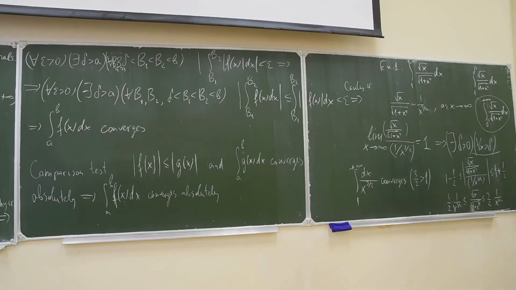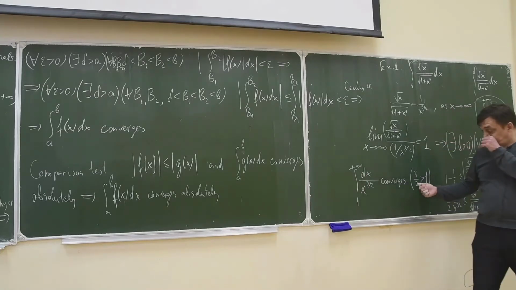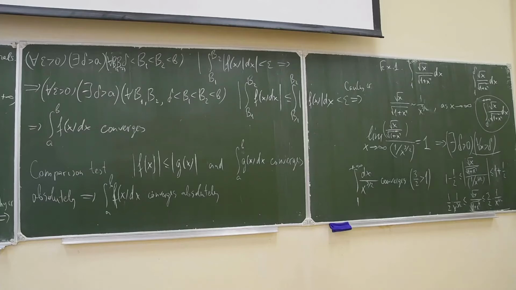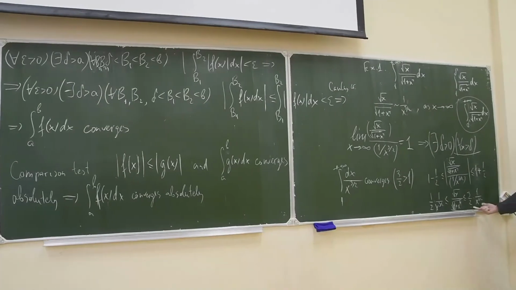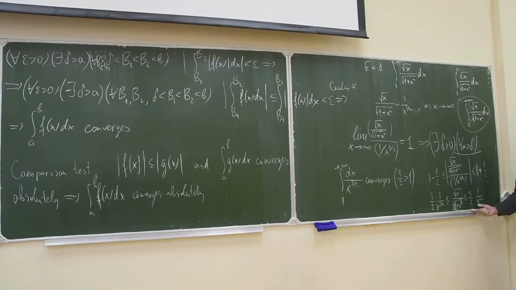Let me recall, we studied integrals dx over x to the power alpha from 1 to infinity; it converges when the exponent is greater than 1. Hence, this integral converges. Hence, the integral from delta to infinity converges as well. And multiplying by a constant changes nothing for convergence, right? So the larger integral converges, hence the smaller integral converges as well.